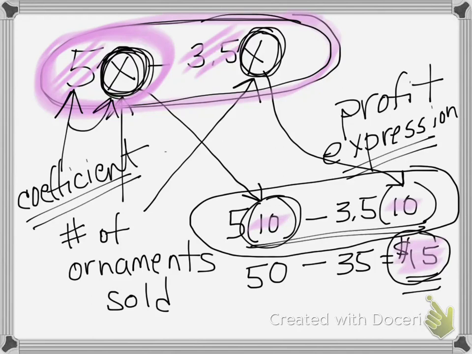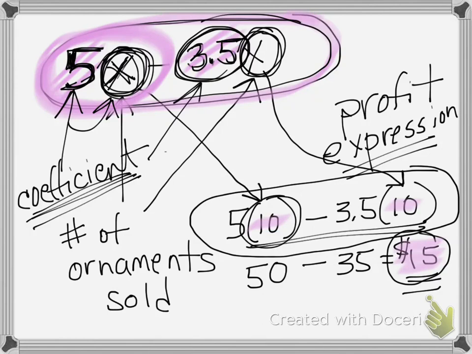It's saying we need 5 of these variables, 5 of these. The coefficient determines how many of these x's we need. In this case, this 3.5 as well is a coefficient of this variable.